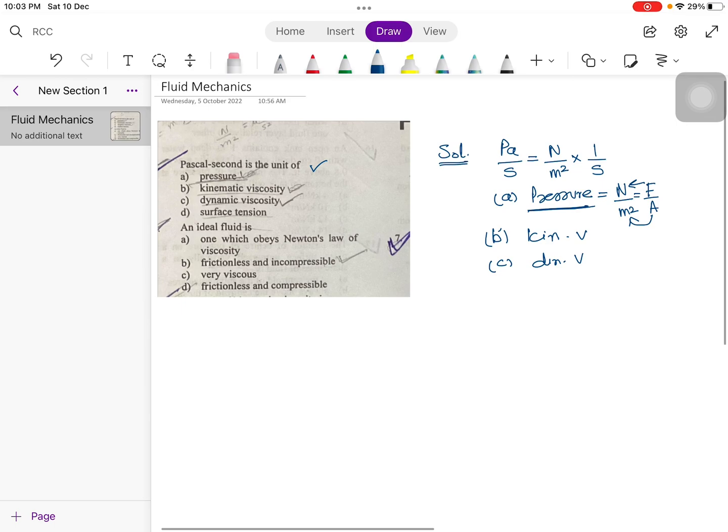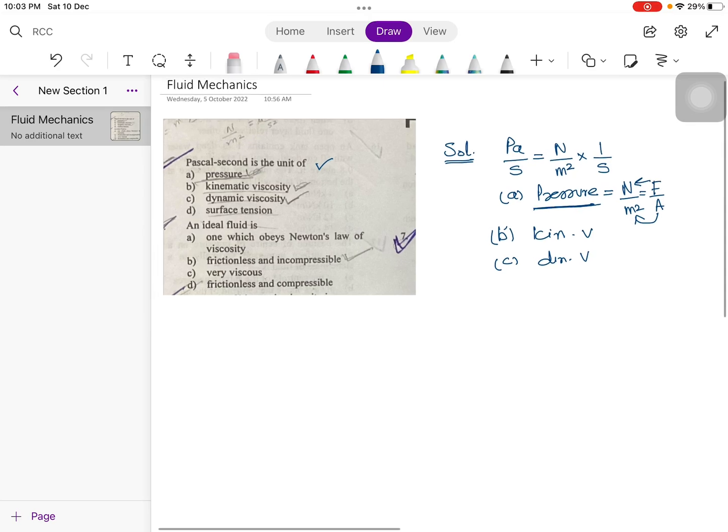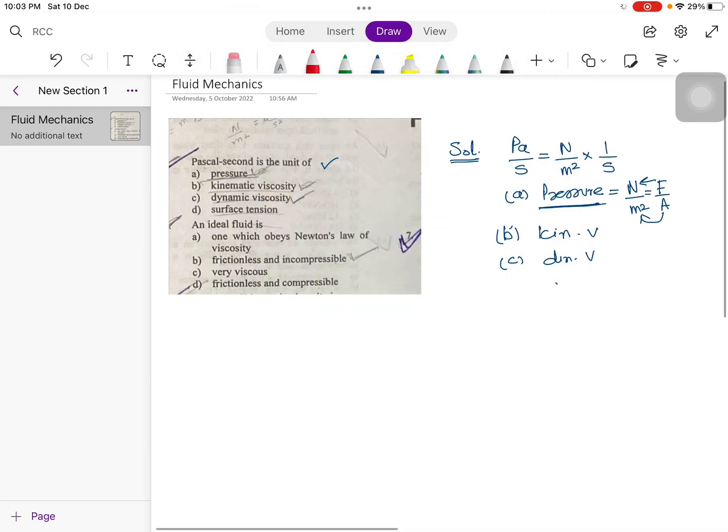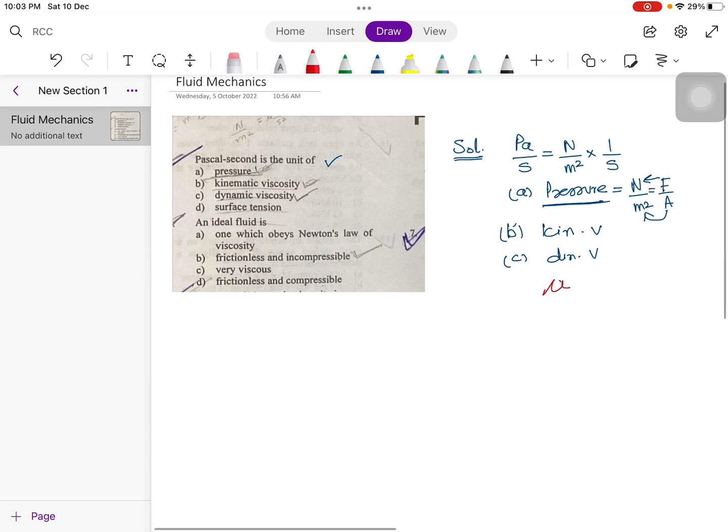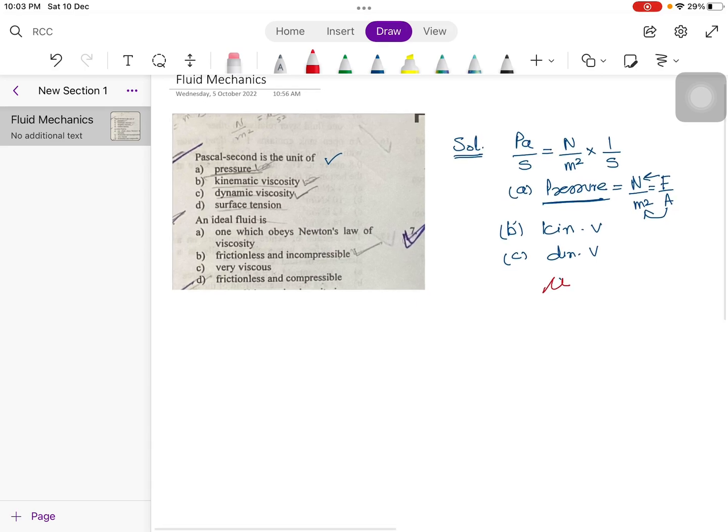Now, we should note that there are two viscosities that we have to deal with in fluid mechanics. One is kinematic viscosity and another one is dynamic viscosity.